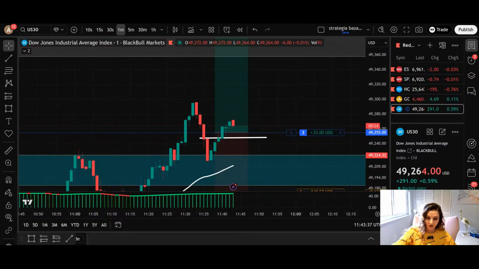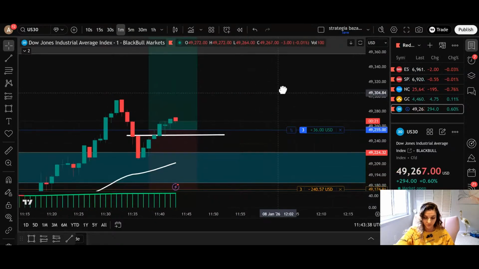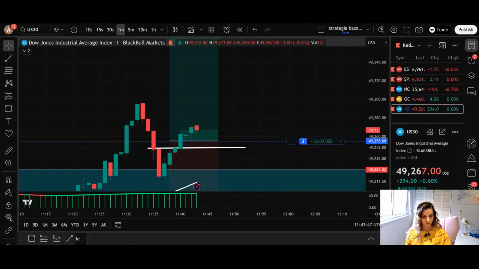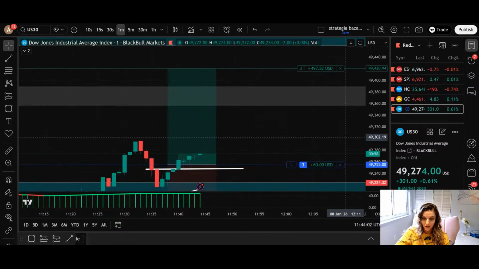If the buyers got tired, my take profit is at 49420.